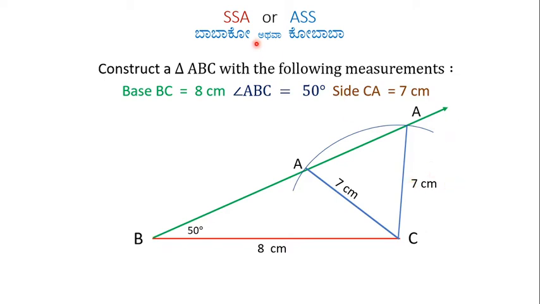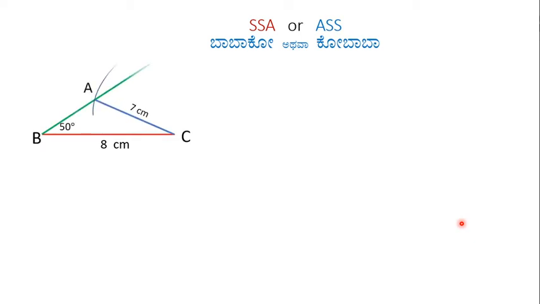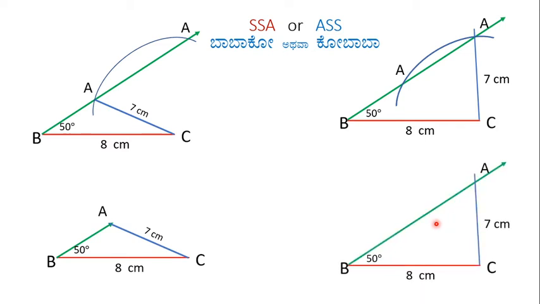So if SSA is given or ASS is given, that is two sides and not an included angle is given, then we may not get a unique triangle like this. So this is what we are trying to understand. Now the same figure I am showing you once again, and below this, without any arcs.